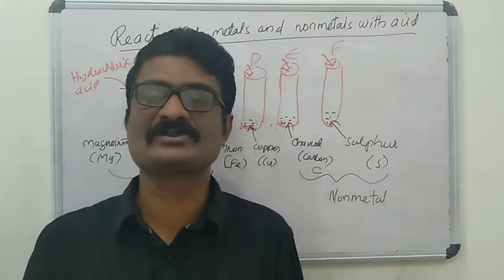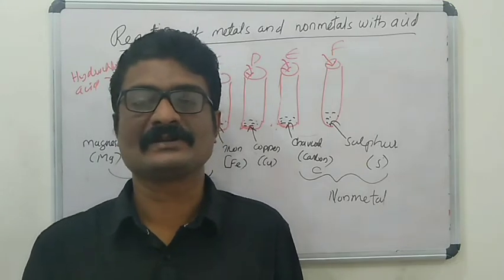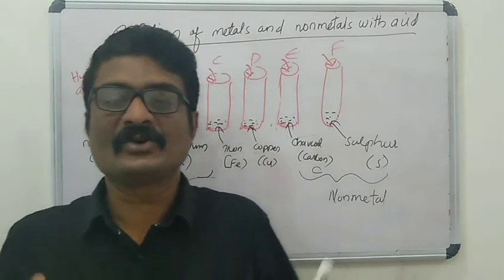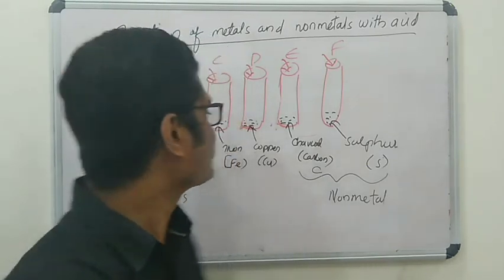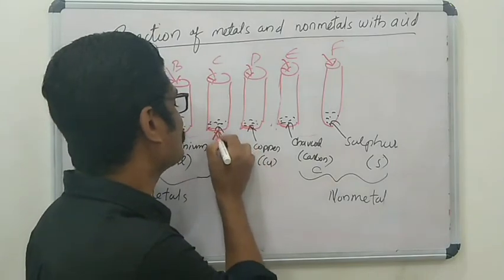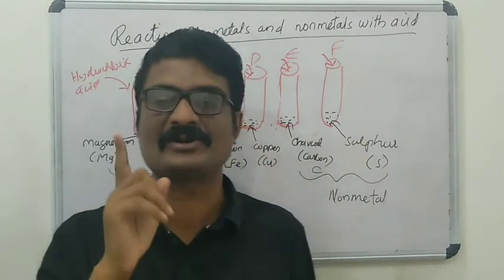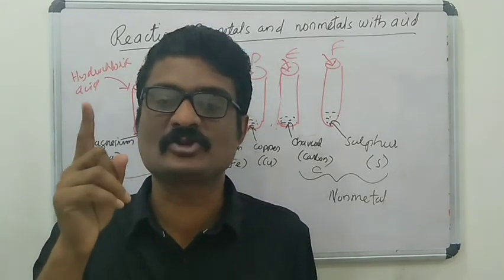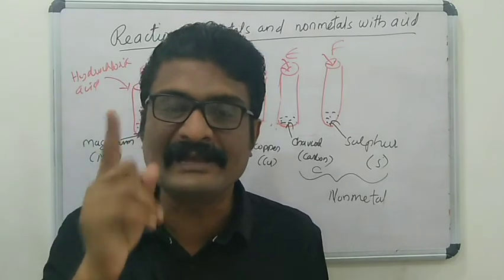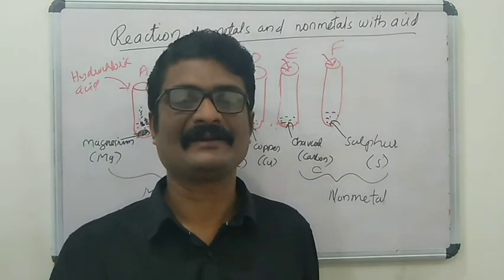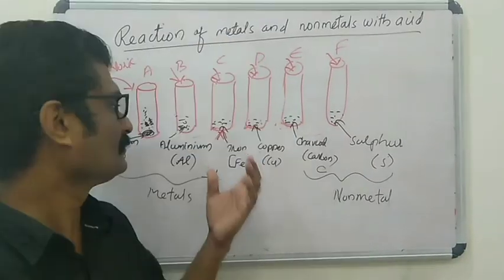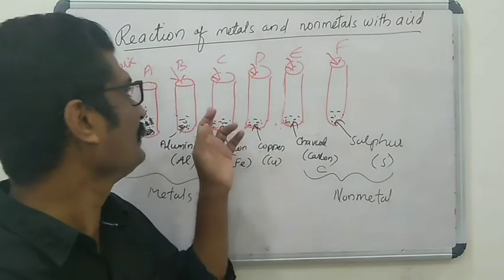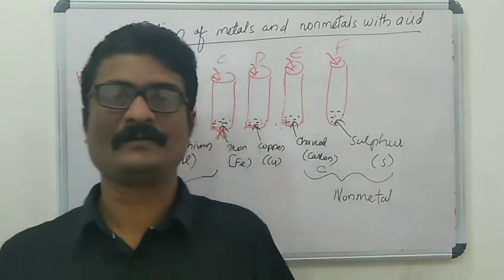Can you see any changes after heating? Yes, you can see some changes in test tube C where the iron nail is present. We can observe the bubbles in test tube C also.